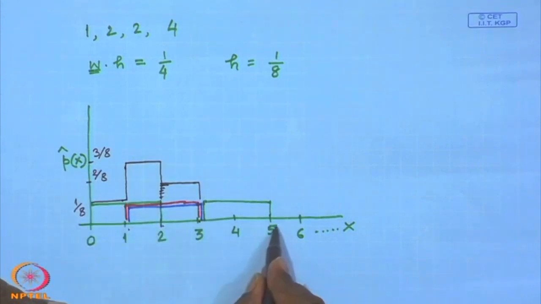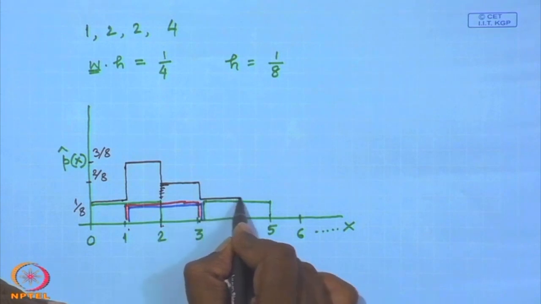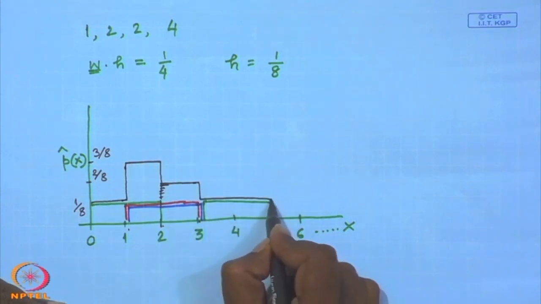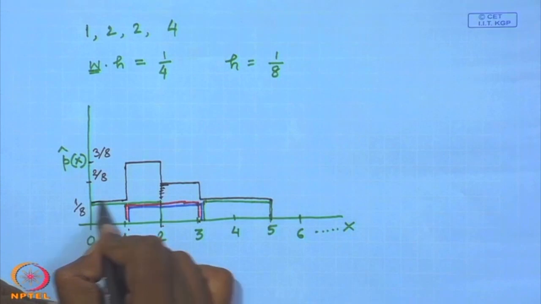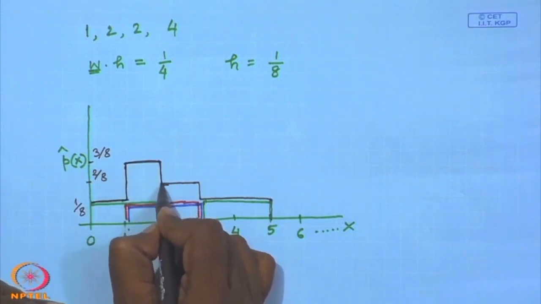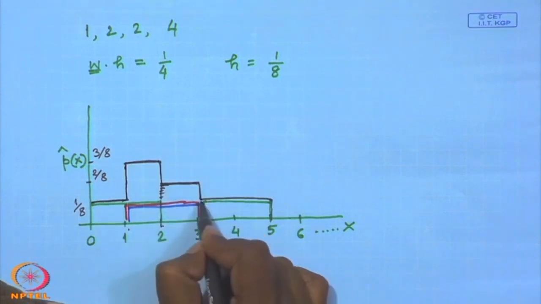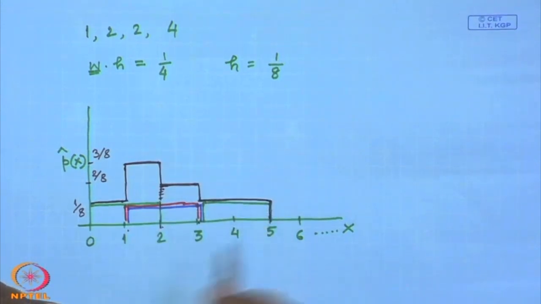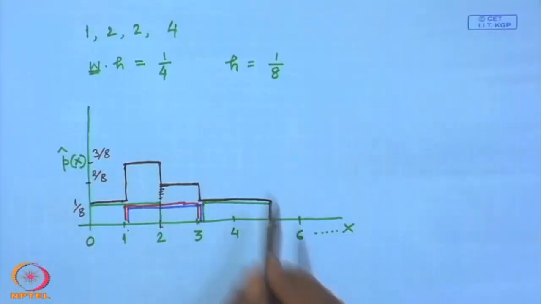And then from 3 to 5, I have a single window. So, height will be this. So, this is my final estimated probability density function using a rectangular window of width 2, with 4 samples, 2 of them at location x equal to 2. So, this is how I can estimate the probability density function.